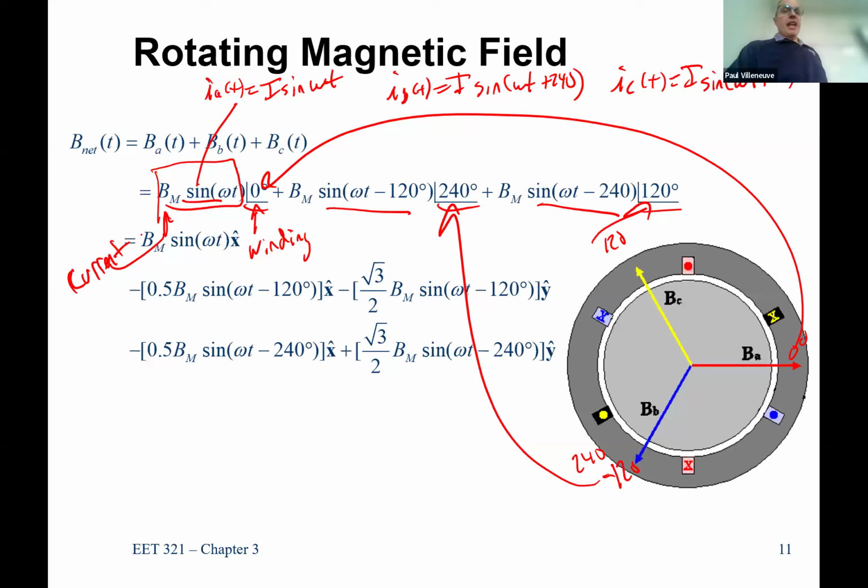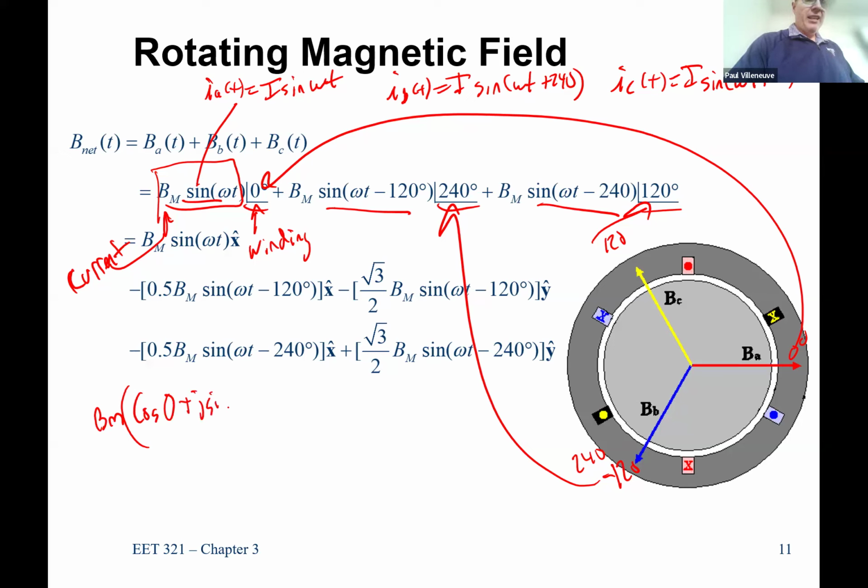Next step. Well, I know over here, I can do Cartesian coordinates. So for phase A, that's BM cosine of 0. I said 0, but then I wrote theta. I did it again.